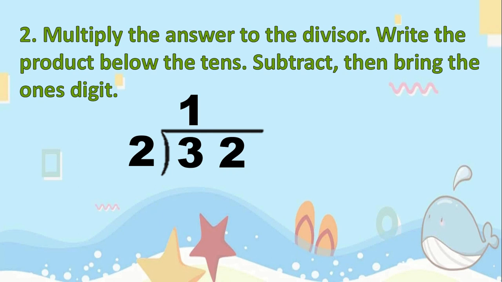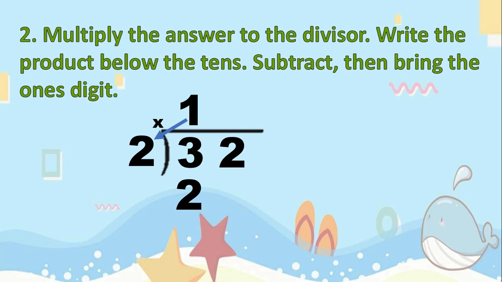After dividing 3 by 2, we will multiply 1 times 2. 1 times 2 is equal to 2. As you can see here on our screen, you will write the product of your multiplication below the tens.